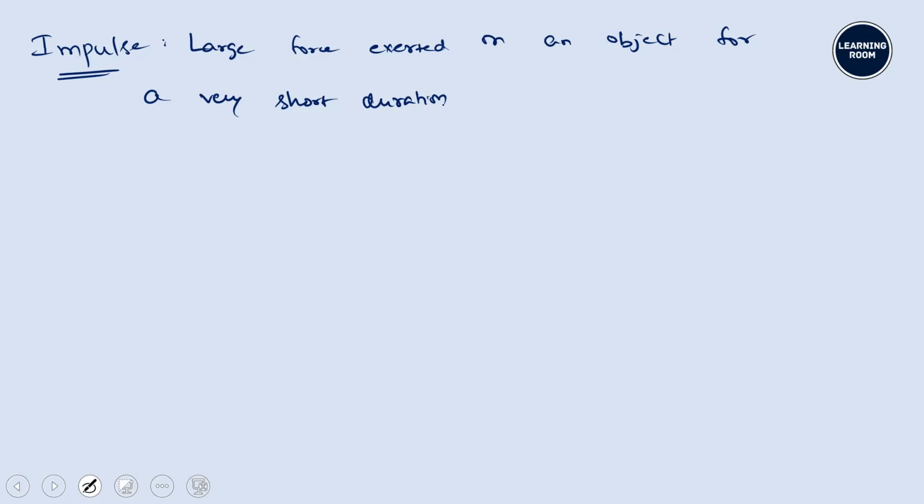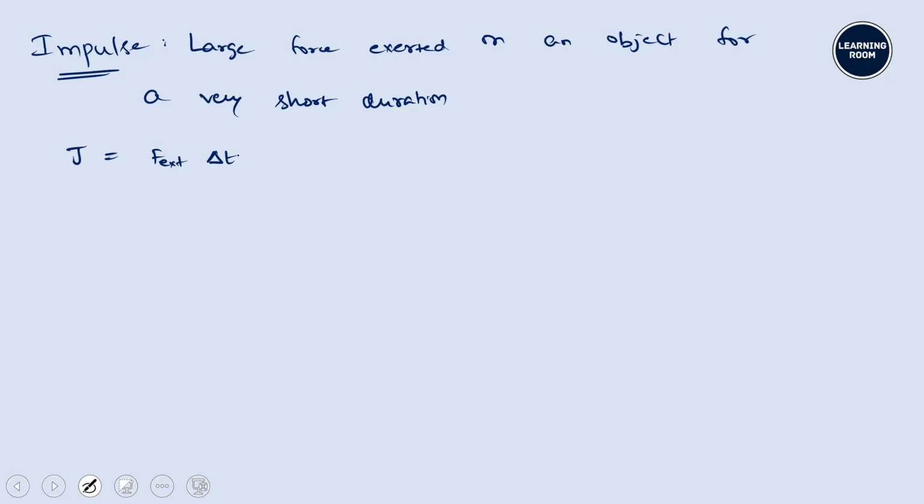Right, so let us look at the mathematical parameter. Impulse is generally represented with the symbol J. So J is equal to F external into dt, or here you can write it as delta t, where delta t is a very small value. Are you able to understand this?